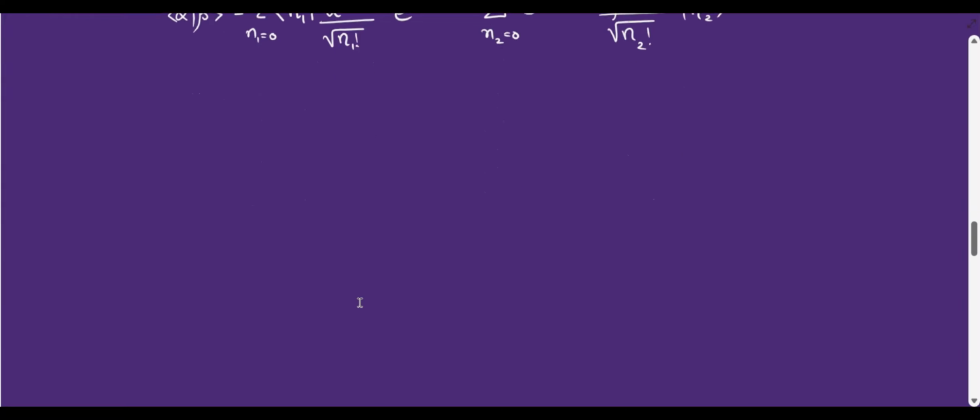So let us take out the scalars which are not dependent on n. So this will become e raised to minus mod of alpha square plus mod of beta square by 2, summation n1, n2 equal to 0 to infinity, alpha star raised to n1 divided by root of n1 factorial, beta raised to n2 divided by root of n2 factorial, ⟨n1|n2⟩.